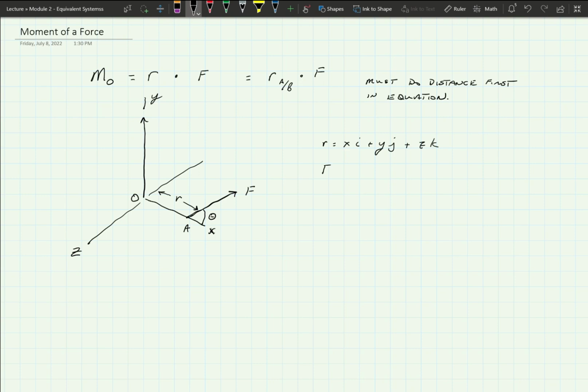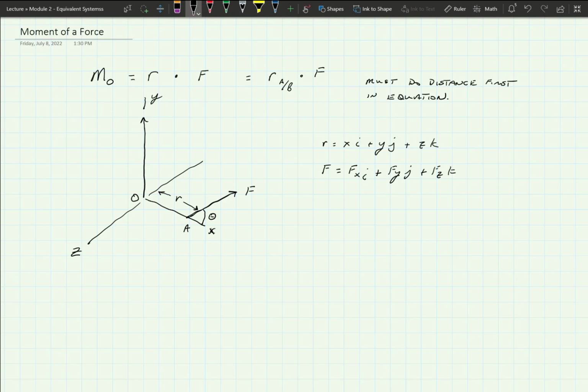And then our force will be equal to F of x i plus F of y j plus F of z k. That will apply all the things we need to make this solution.